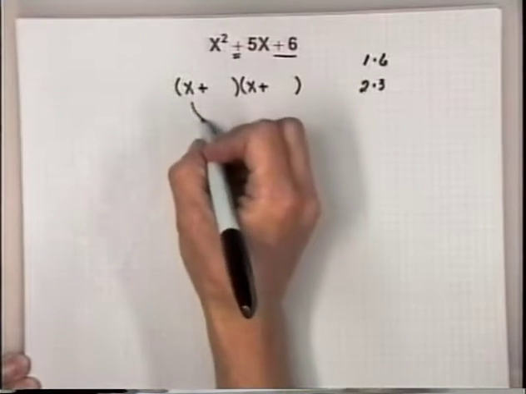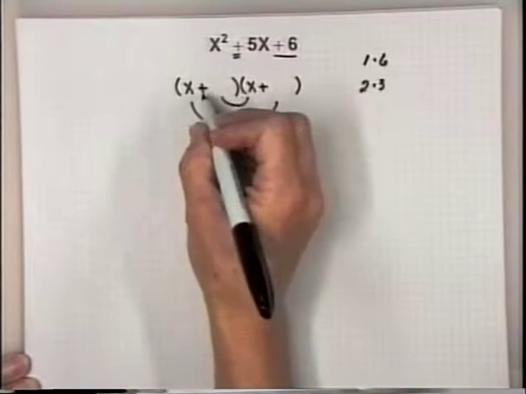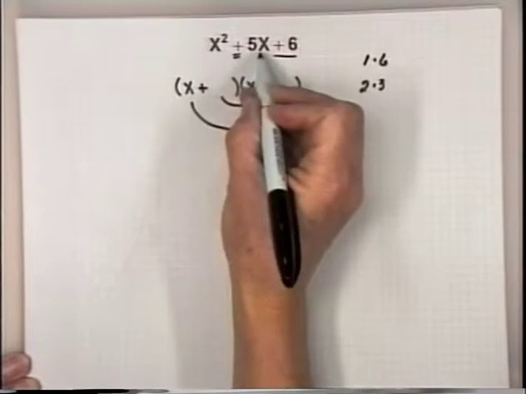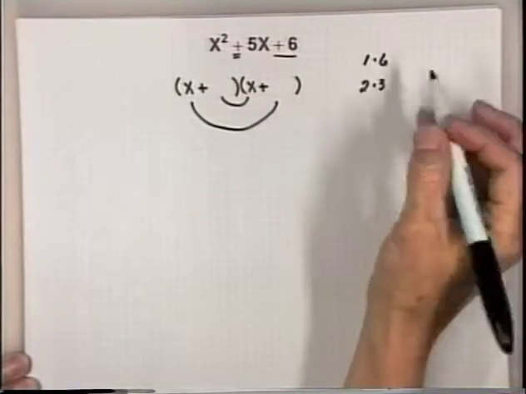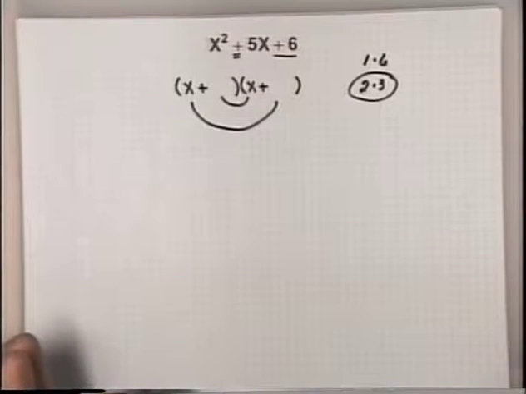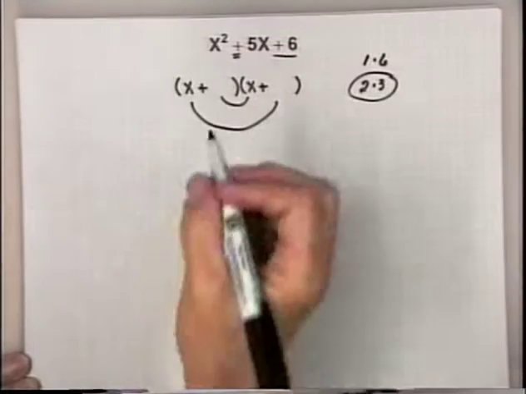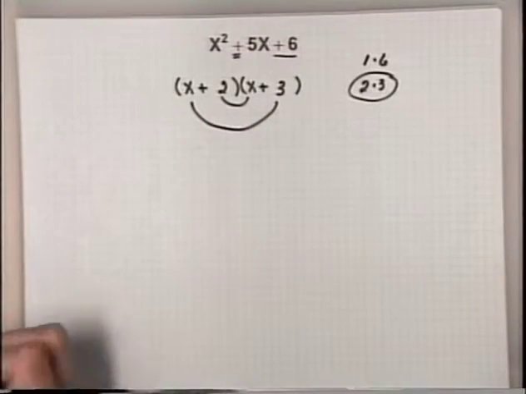So we must either use a 1 and a 6 or a 2 and a 3 in these positions. Now remember, the outside product plus the inside product, since they're both plus signs, will add up to 5x. So that helps us by looking at these possibilities to assume that we would probably use the factors 2 and 3, since those add up to 5. We will put those factors in and then check our solution.